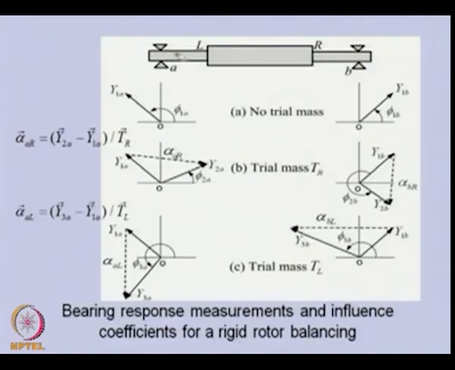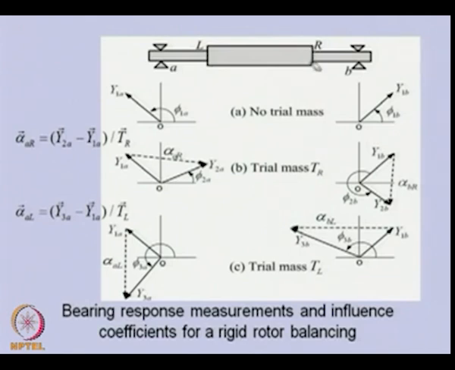So basically there is a rotor which is mounted on bearings. In this case, generally rotors will have access to add mass or remove mass at the ends only. So let us say L and R are two balancing planes.